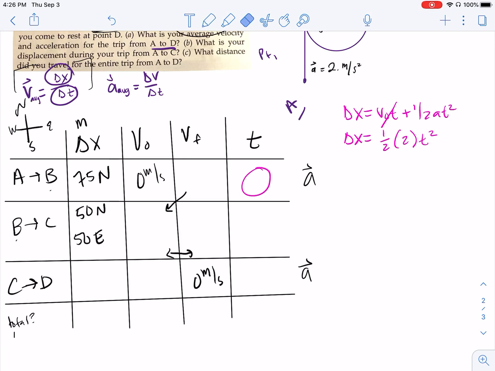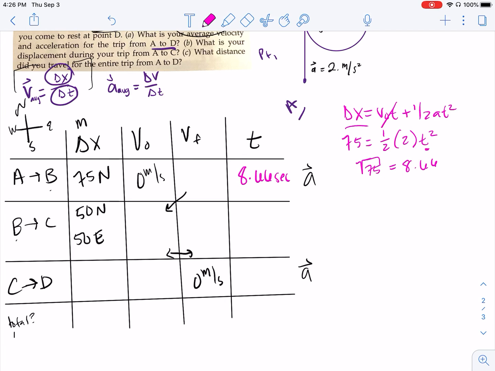Oh, and I can actually plug in for delta x now. When we solve that, we end up just getting the square root of 75, which is 8.66. So I know that the time here was 8.66 seconds. Once again, I started with that because I knew I had this formula and the only thing I didn't have was time, so I was good to go.